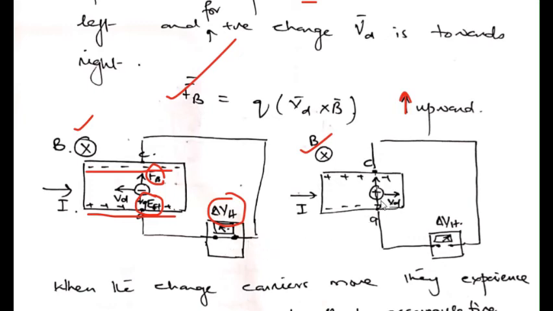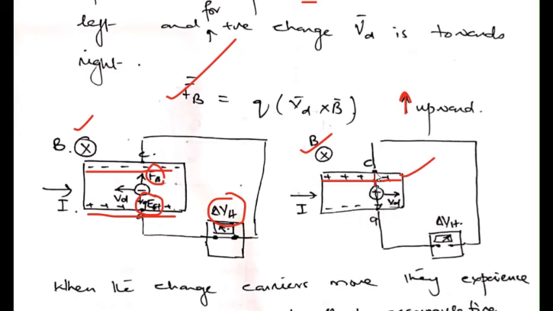In case of positive charge carriers, only the direction of the drift velocity will change, it will move towards the right. All the positive charge carriers will start accumulating at the top, leaving behind all the negatives at the bottom.